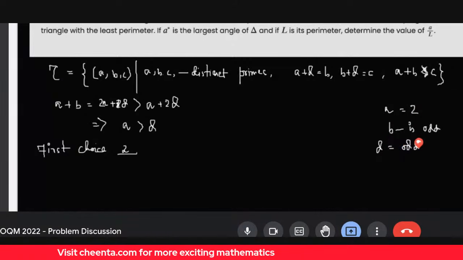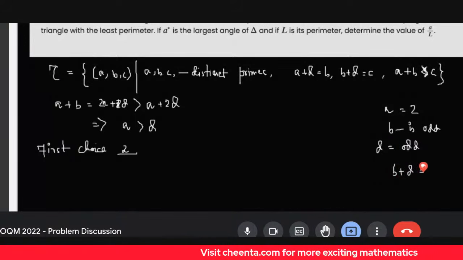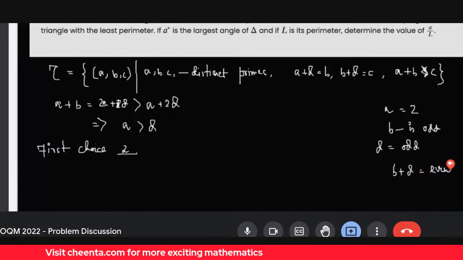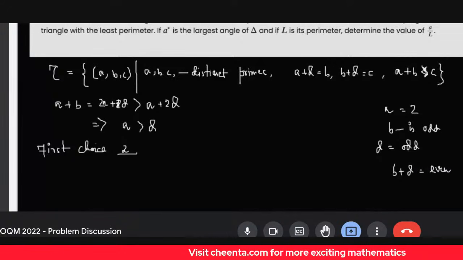But if the common difference is an odd number, then b being odd, b plus d has to be an even number. So the even number cannot be a prime, so c cannot be a prime. So my first choice 2 is absurd, and this cannot be my choice as the first side.